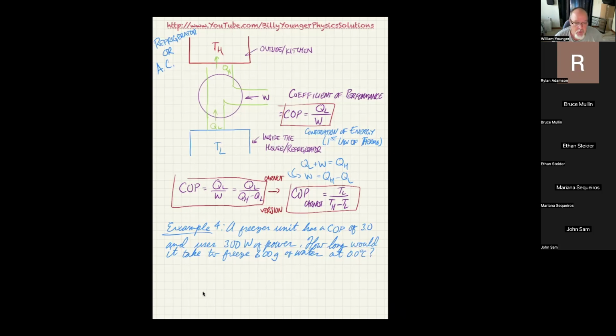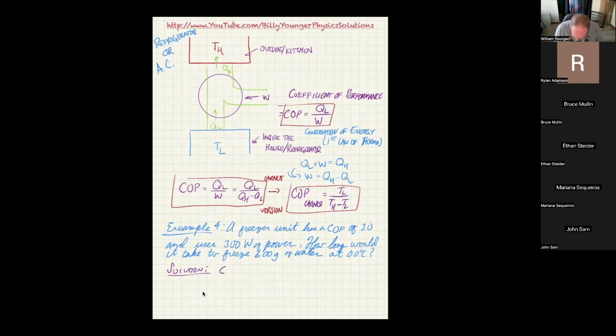So we have our variables. Now what we need to realize is that to calculate this, we need enough heat to be pulled out of the freezer so that the water can go from 0 degrees Celsius in the liquid state to 0 degrees Celsius in the solid state, which means we have to do the heat of fusion.